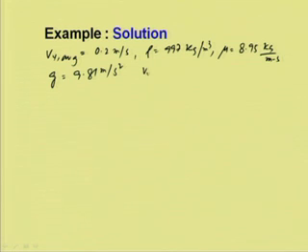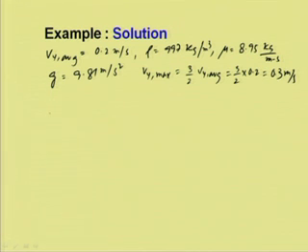V y max we can calculate as 3/2 V y average, which is equal to 3/2 into 0.2, which is 0.3 meter per second.